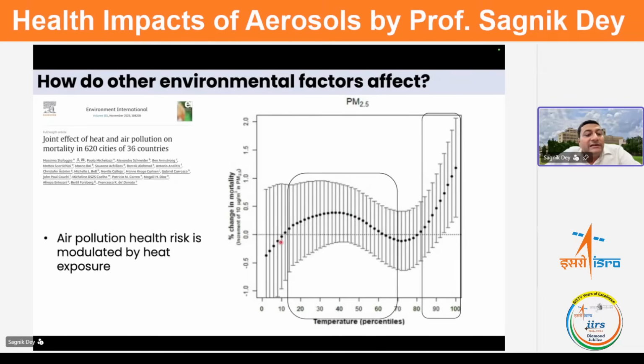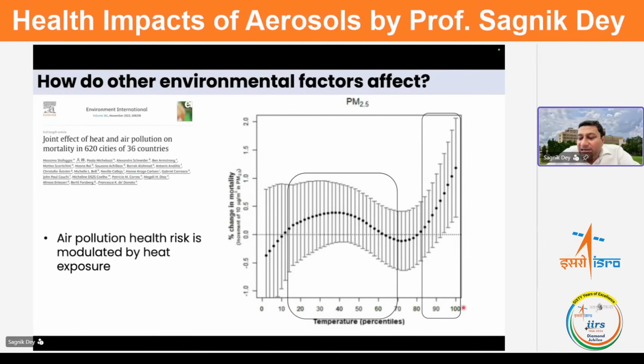But I am showing here a significant meta-analysis from 620 cities across 36 countries. India is not there. In these 36 countries, 620 cities, you can see that the risk of air pollution and mortality changes as the temperature changes.